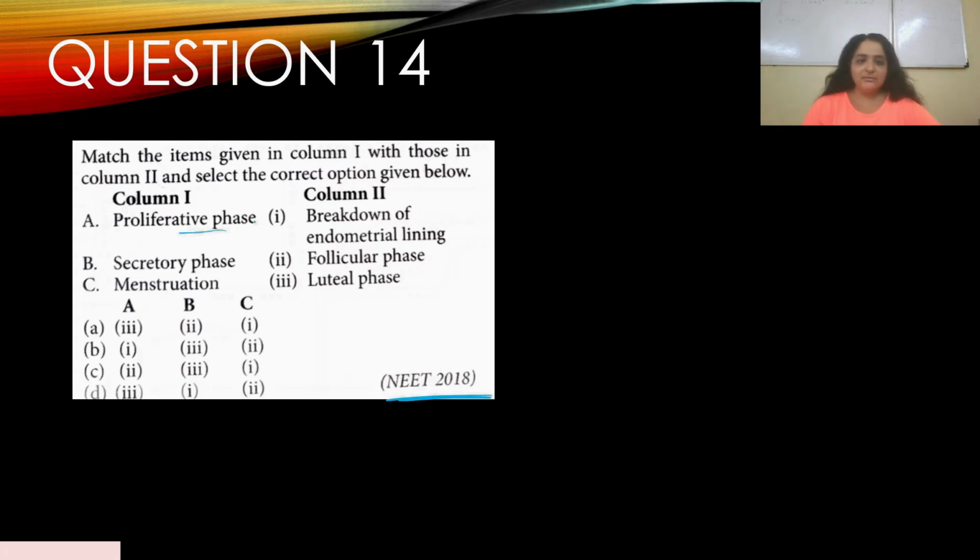Proliferative phase is follicular phase, so it's A2. Secretory phase is luteal phase, and menstruation is breakdown of endometrial lining. So you have A2, B3, and C1. So your answer is C. Pretty simple, easy.